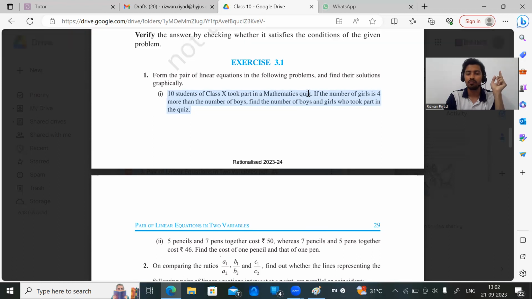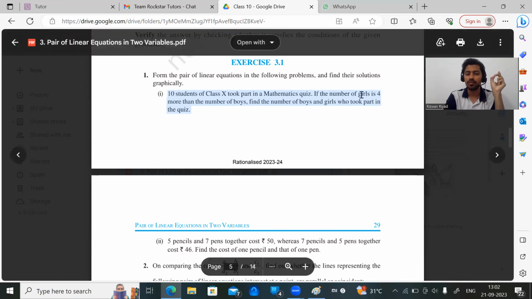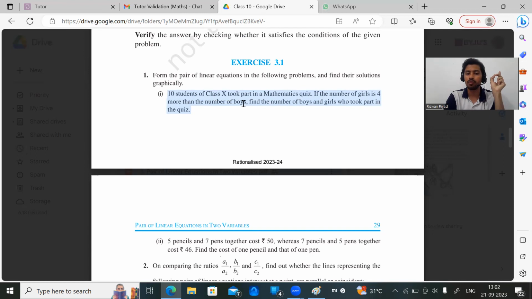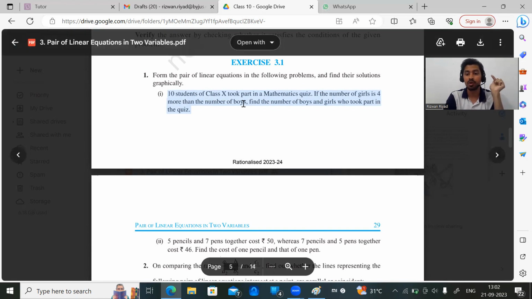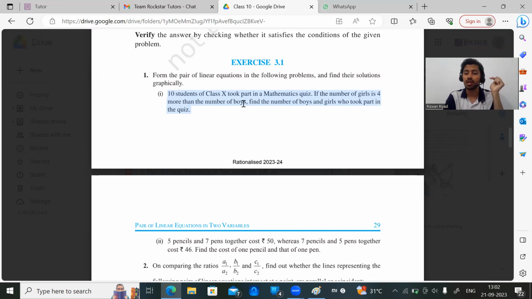The second hint is this: the number of girls is 4 more than the number of boys. So we have these two details. The first one: the total number of students who participated in the quiz is 10. The second one: the number of girls is 4 more than the number of boys. Based on these two details, we have to create two equations. That means we have to create a pair of linear equations in two variables.